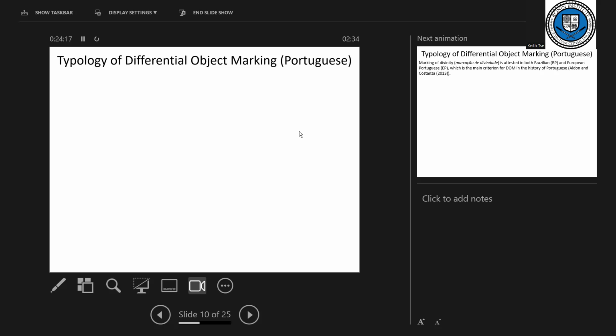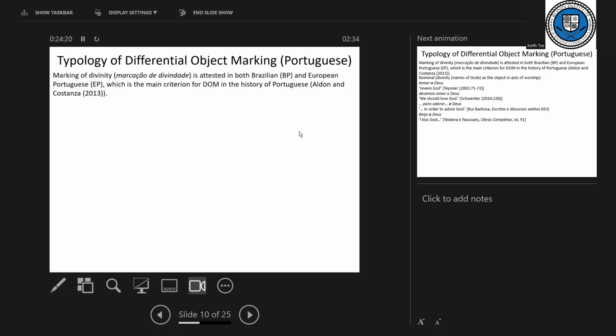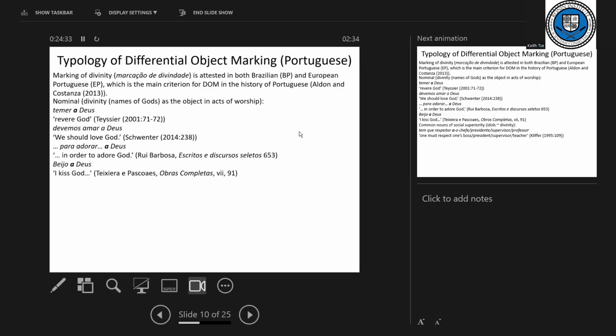Finally, in Portuguese, there's a very specific type of DOM, which is the marking of divinity, names of gods, because in the history of Portuguese, this has been shown to be a major criterion for DOM. So if the object denotes a god, and is in the act of being worshipped, these can also be marked by a.